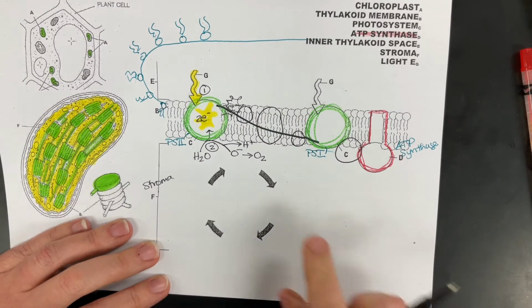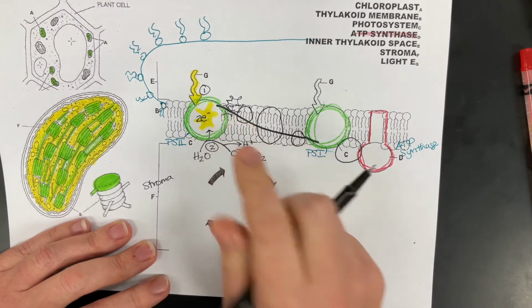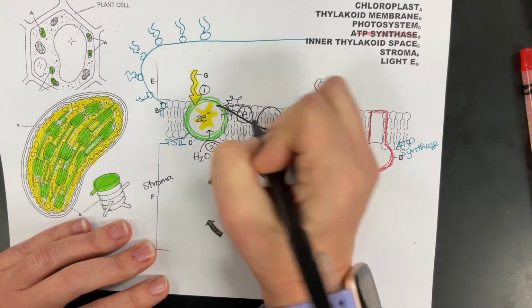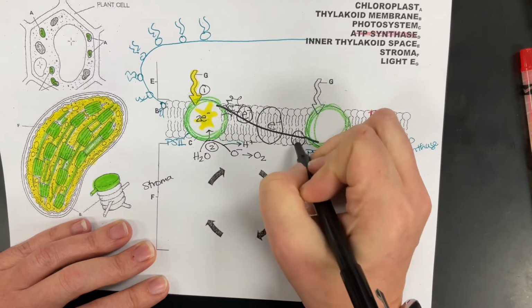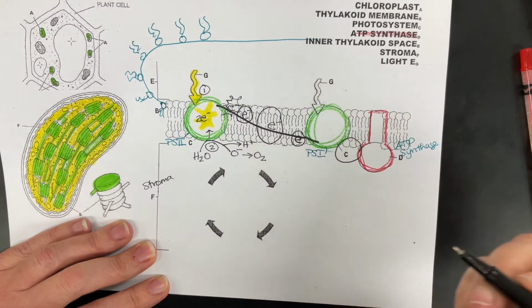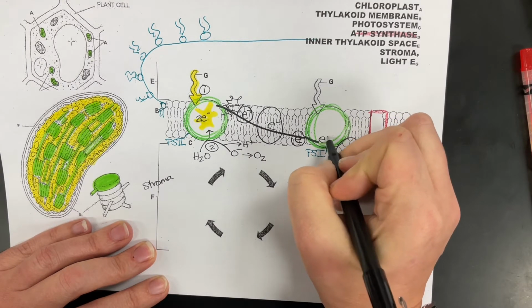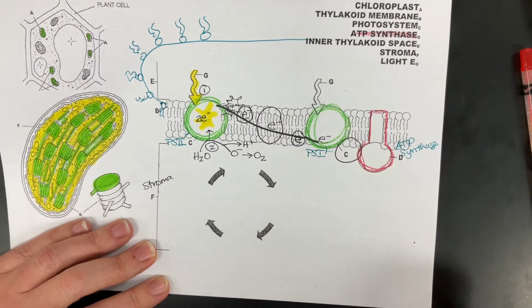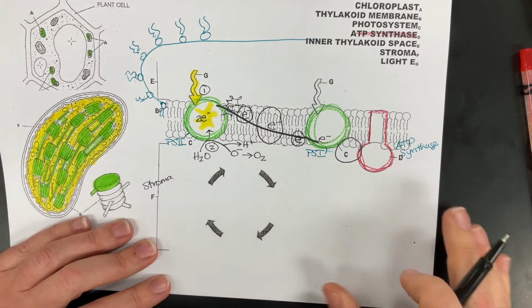All right. So the next thing that happens, let's go back to this electron. So he's going to move down, okay, and then he's going to keep moving down. And what's going to happen to him as he moves down is that he's going to have lost all his energy.